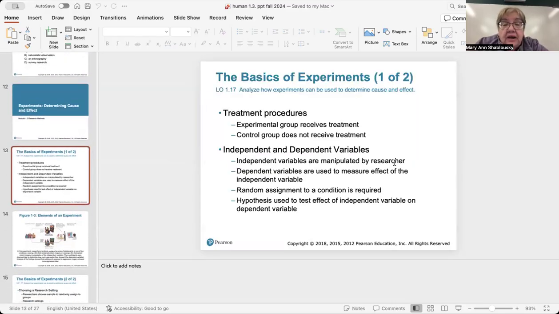So when we talk about an experiment, of course, you're going to give the experimental group whatever the treatment is, or what you're trying to test. The control group is the control. You don't do anything to it. That's what you're going to compare. What you change in the experimental group is the independent variable.